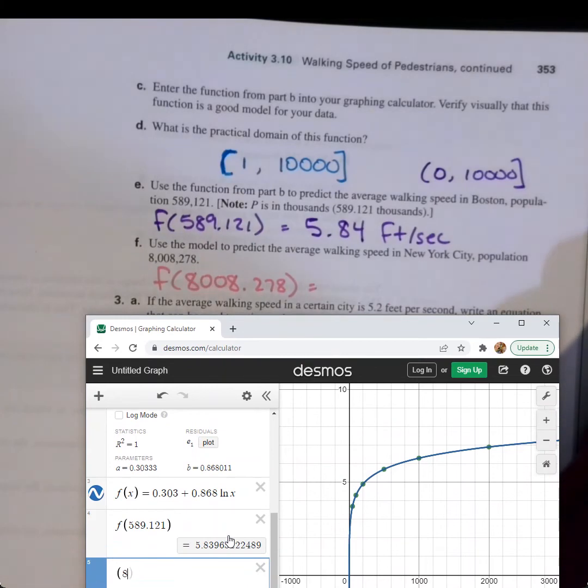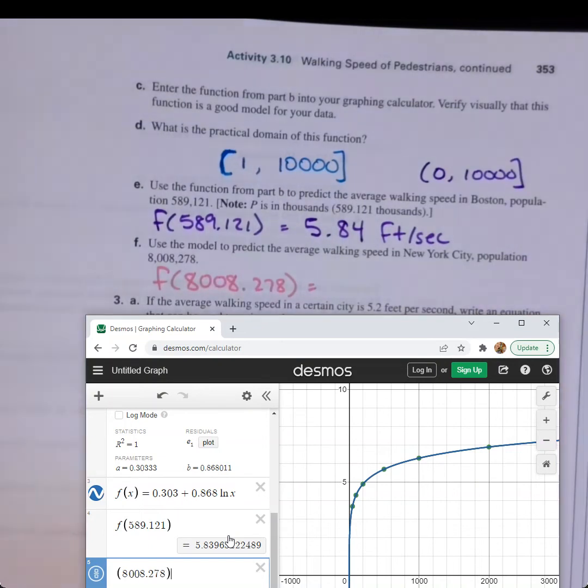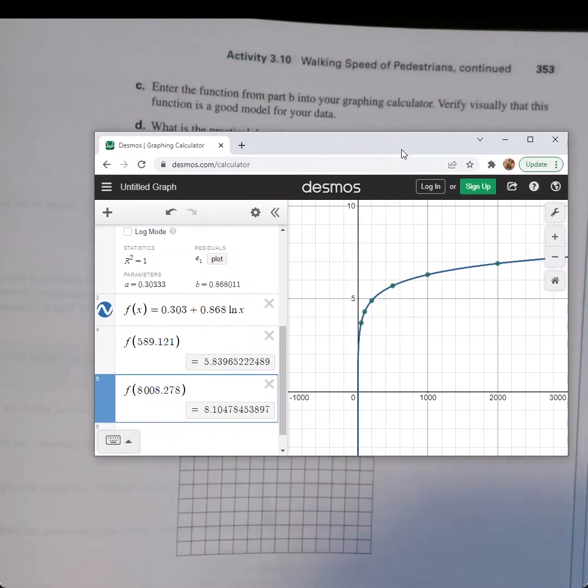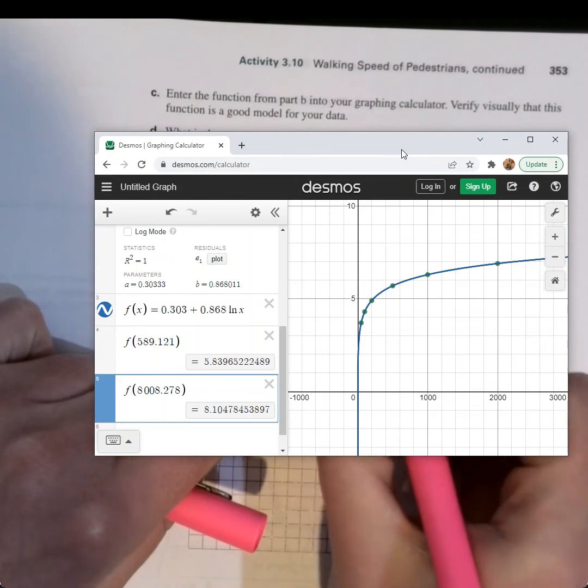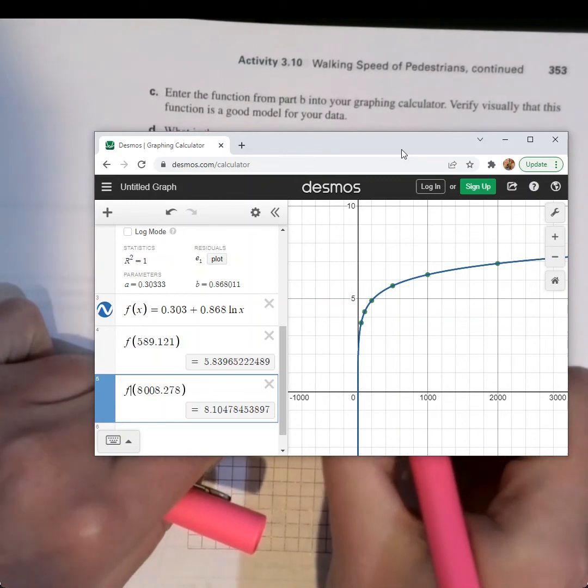So f of 8,008.278 will give us, oops, I forgot the f. There we go. Will give us a prediction of 8.1 feet per second.